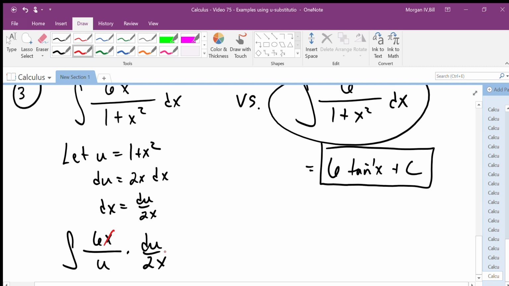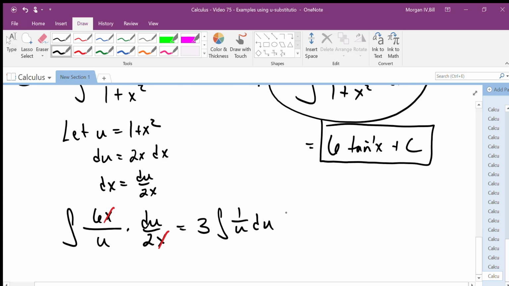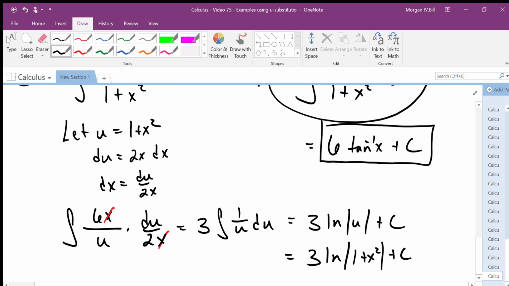The x's cancel. 6 over 2 is 3. Integral 1 over u du. That would be 3 times the natural log of the absolute value of u, plus c. That is 3 times the natural log of the absolute value of 1 plus x squared, plus c.